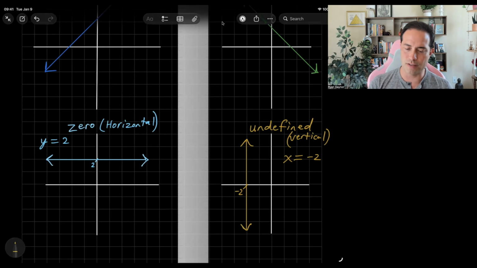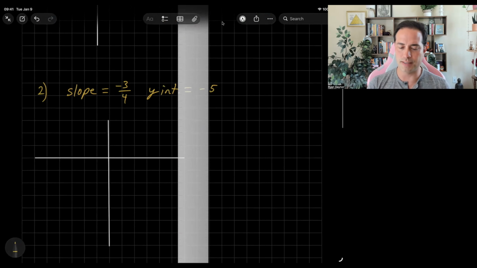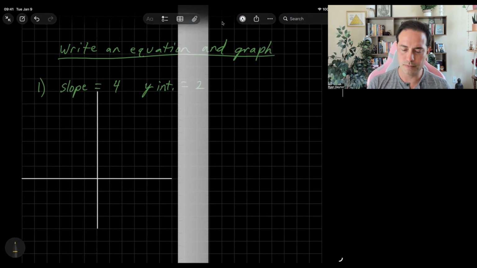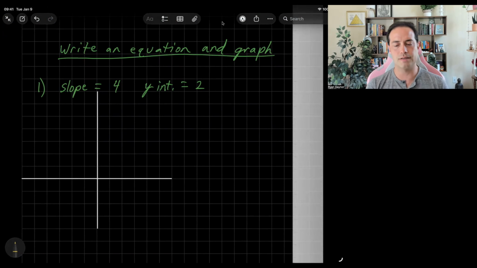Okay, so let's dive into some of the examples now. So right here, it says we have write an equation and then graph it. So we have the slope equals 4, and we have the y-intercept equals 2. So all I have to do here is write it in the y equals mx plus b format, okay?